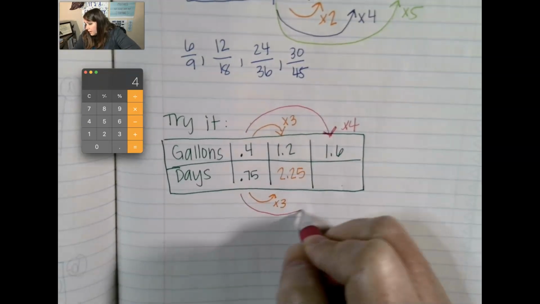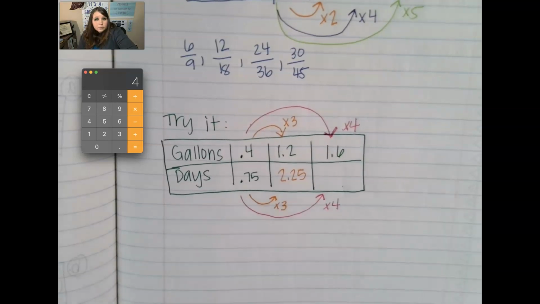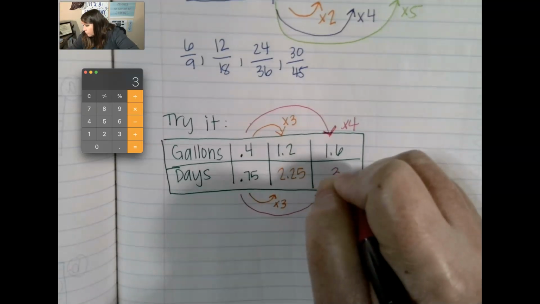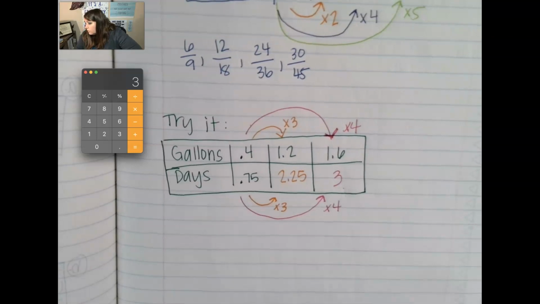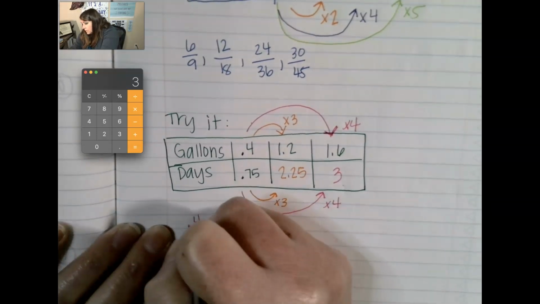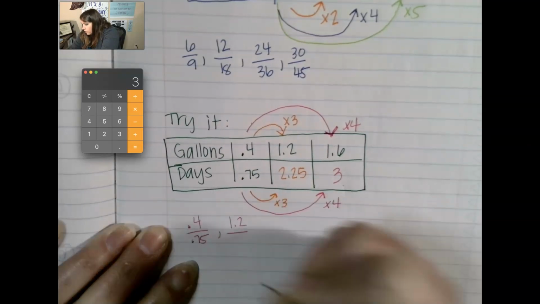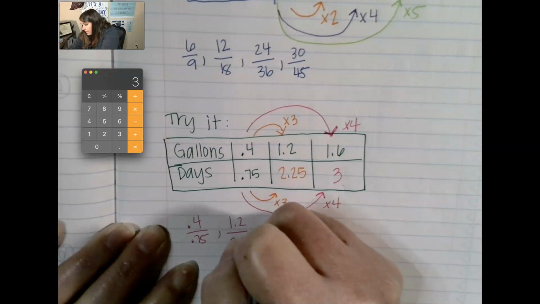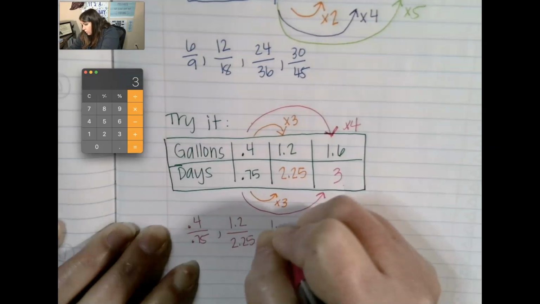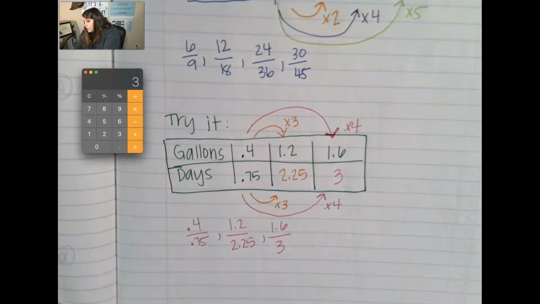So on the bottom, I need to multiply 0.75 by 4, and that gives me a total of 3. So my equivalent ratios are 0.4 over 0.75, 1.2 over 2.25, and 1.6 over 3. Those are our equivalent ratios.